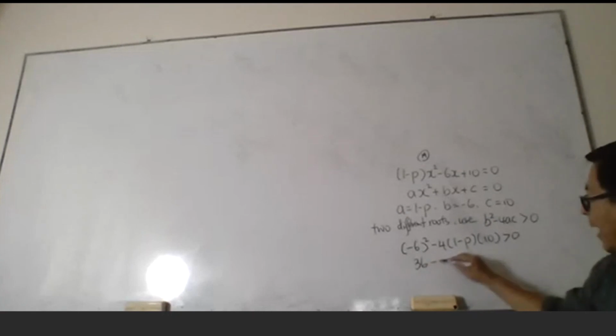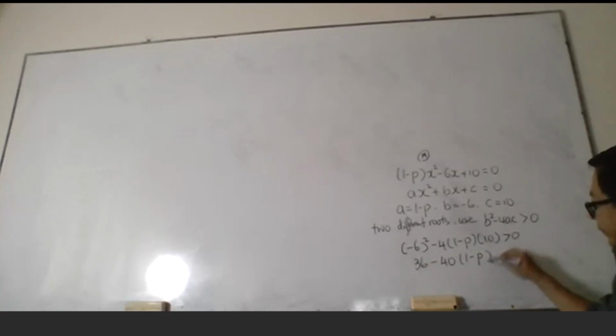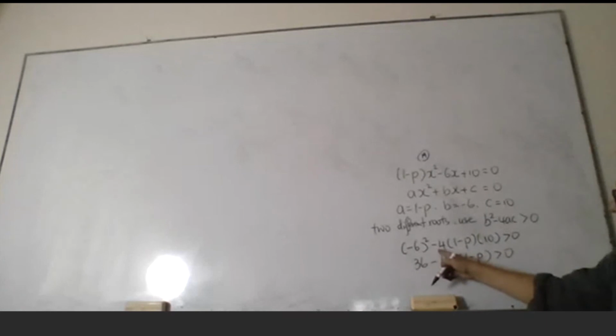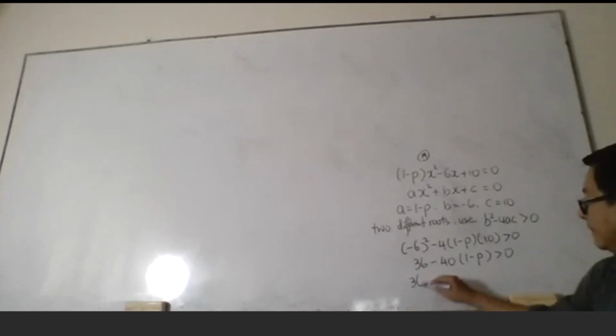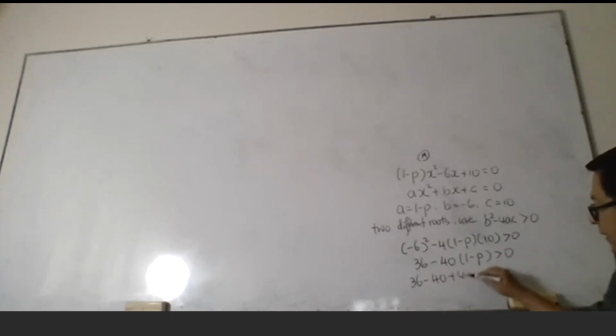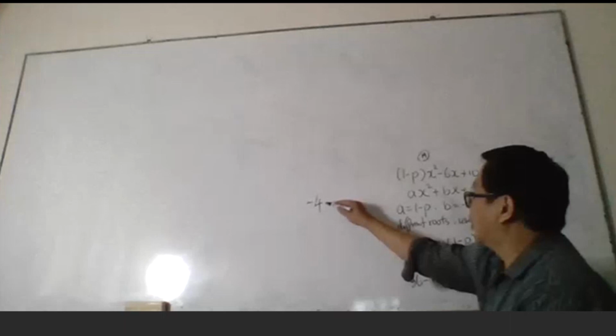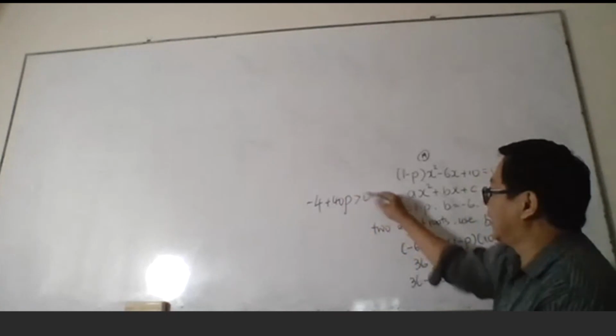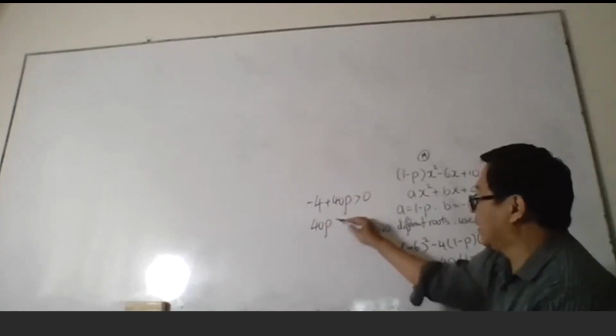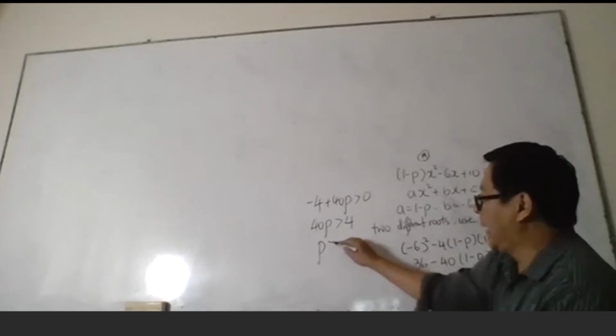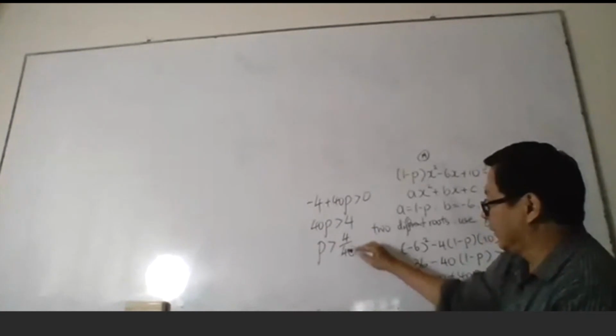So 36 minus 40. Please multiply the number with this bracket, and please don't expand too fast. Minus 40 plus 40p, and this will be your negative 4. So 40p greater than 4, and p will be greater than 4 over 40.